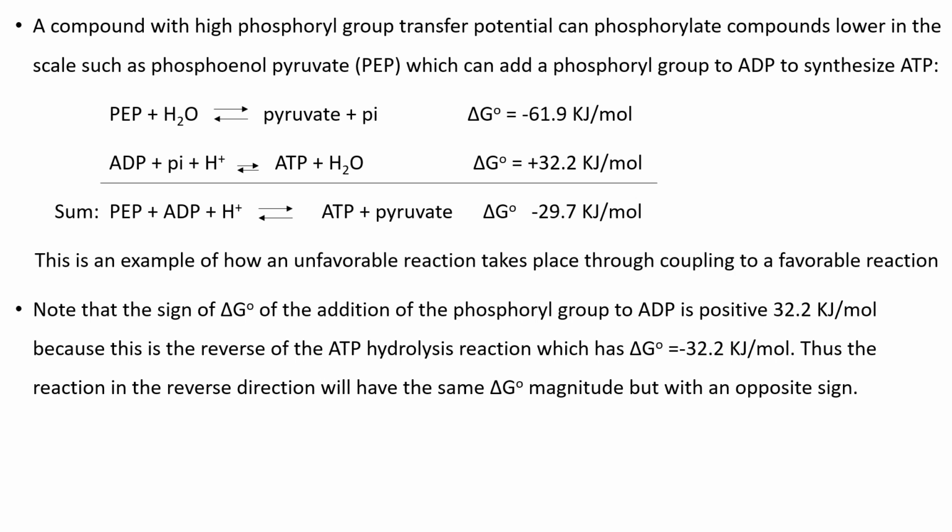Delta G node is plus 32.2, which is the reverse sign and the same magnitude as the hydrolysis of ATP, which has a delta G node of minus 32.2. So these two reactions, the favored and the unfavorable, can occur together so that the sum will have a delta G node of minus 29.7 kJ per mole, which is a favorable total reaction.